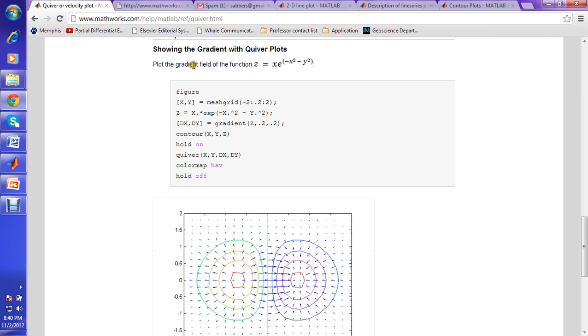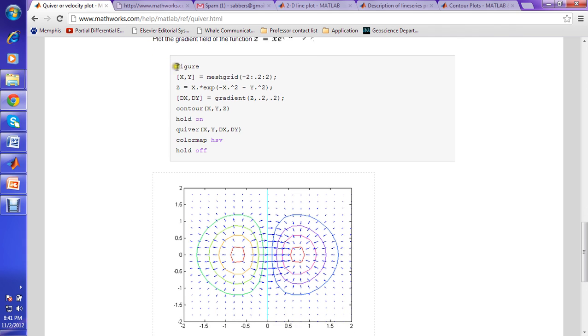So for that gradient field we need the gradient dx and dy. The gradient means how the function varies with distance along the x-axis and along the y-axis. I am sure you have all heard about gradient, so we can do that easily.